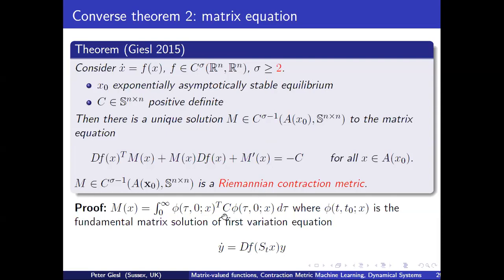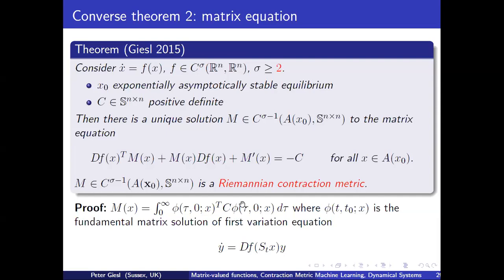And the proof, which is a little bit technical, is basically based on this observation. We can define M, the solution, in this form. It's the integral from 0 to infinity along solutions of phi transpose C phi, where C is this matrix, and phi is the fundamental matrix solution of the first variation equation along solutions starting in x.